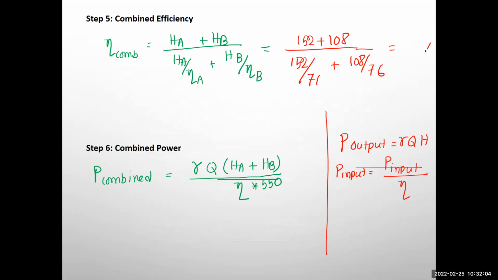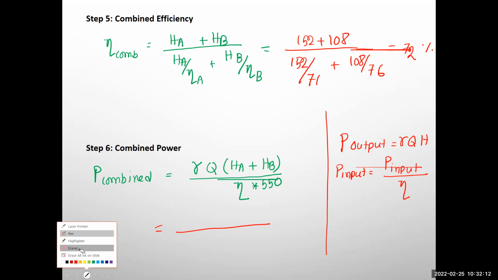So what is that number in percentage? 72? Okay, great. Actually, 73. That's okay. Whatever number you got, if it's within the close range of 72, 73, that should be fine.